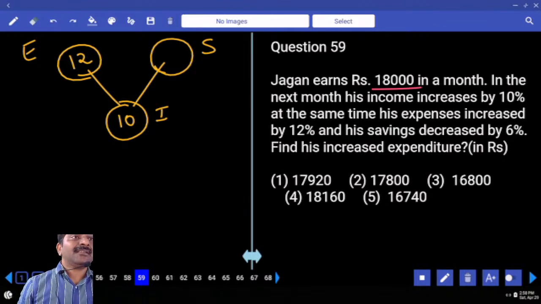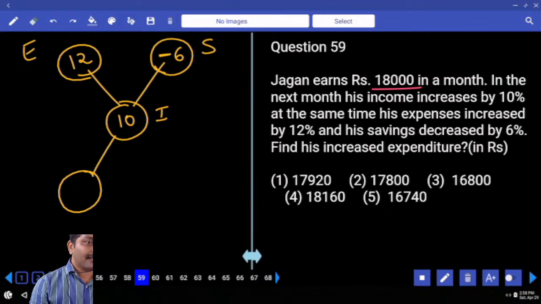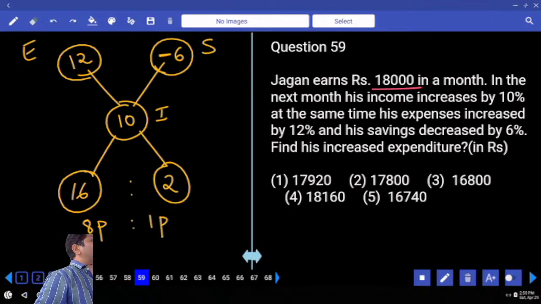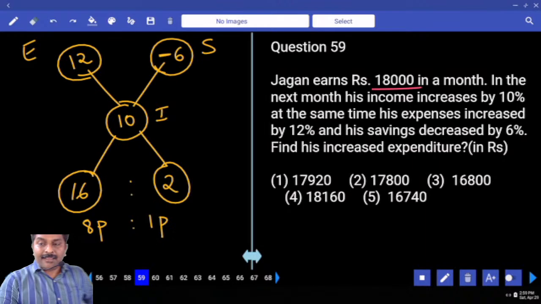Decreased by 6, so I write -6. Take the difference, I did not ask you to add, I asked you to go for the difference. 2 and 16, the ratio. That means expenditure and savings are divided in the ratio 8:1 only.